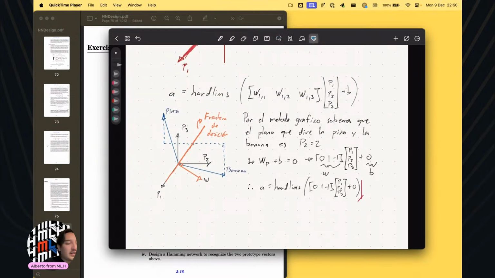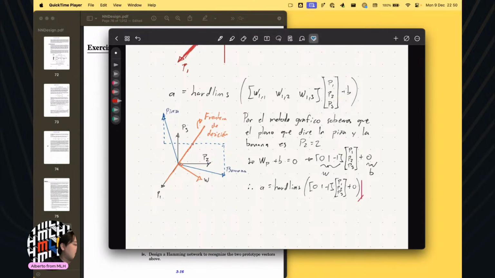This is defined again as a hardlims. We want to define the values of the weights. Since again it goes through the center, 0 0, without the necessity to move this plane in any direction, the bias is still 0.